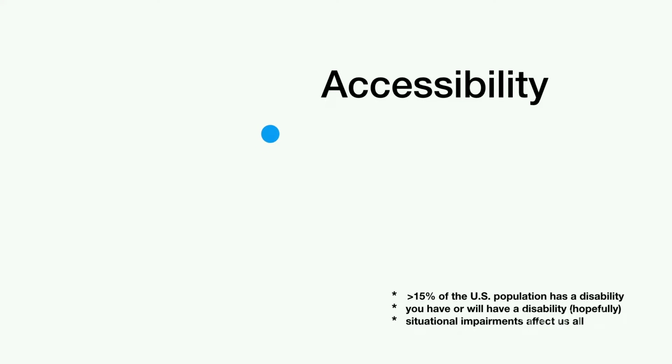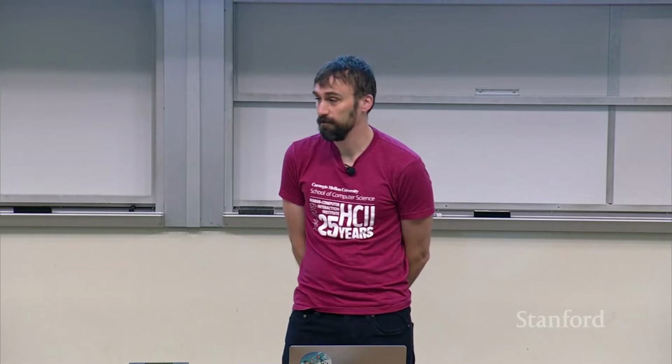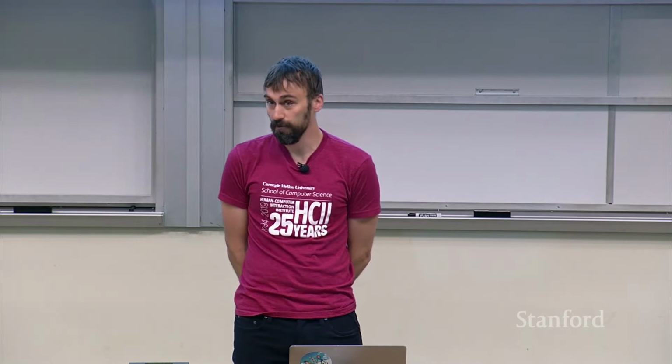Whenever somebody gives a talk on accessibility, they inevitably have a slide like this one that says things like over 15% of the population has a disability, so accessibility is really important. You have, or probably will have, if you're lucky, a disability sometime in your life.